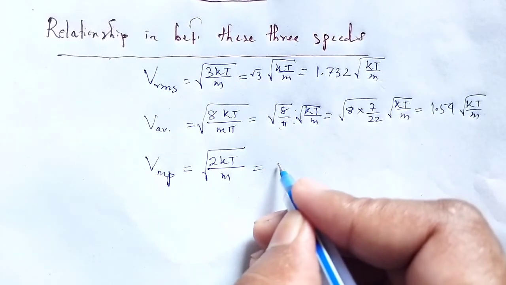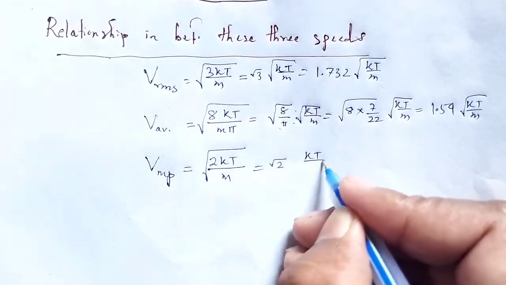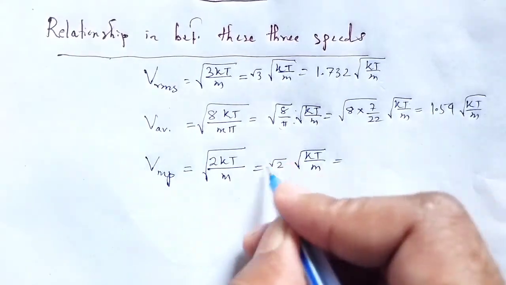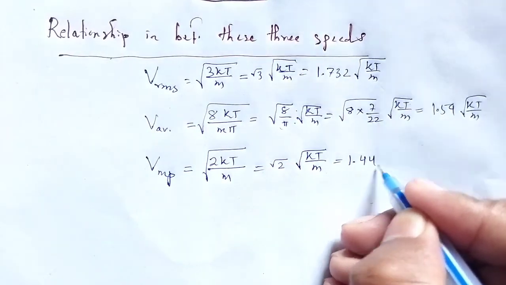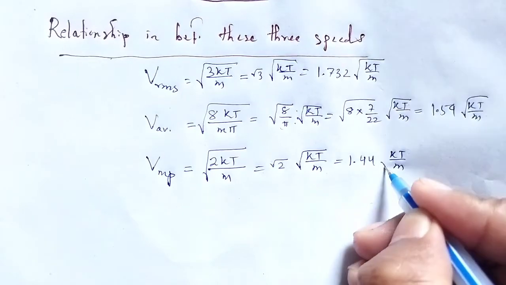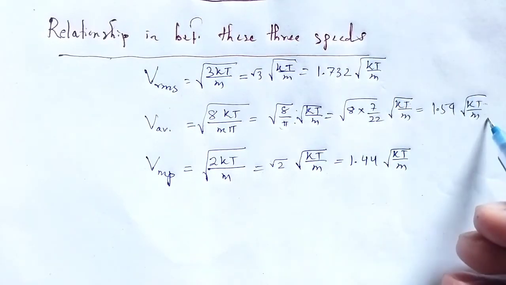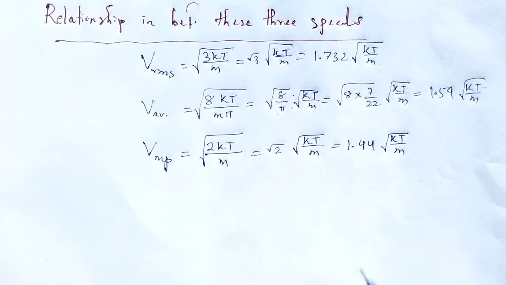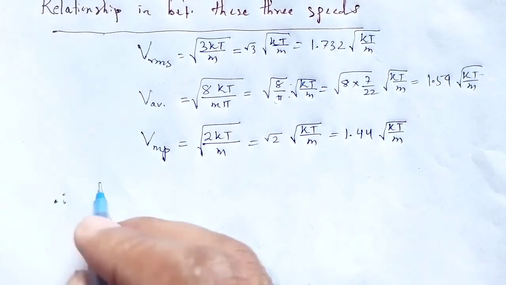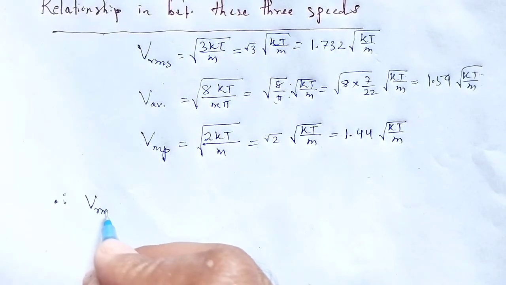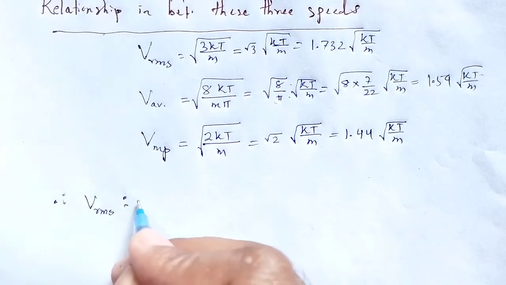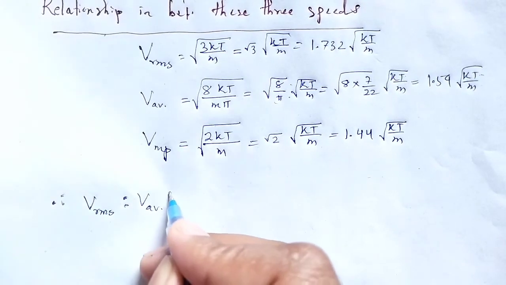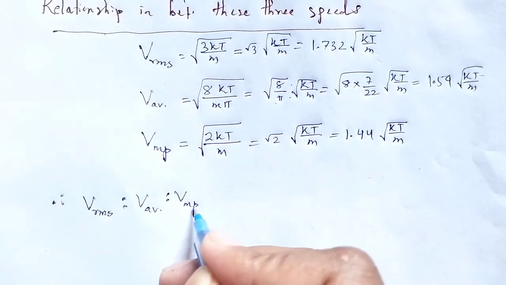So root 2, the value of root 2 is 1.414 (stated as 1.44), that is 1.44 square root of kT by m. Here square root of kT by m is common in all three cases. Therefore v RMS is to v average is to v most probable.